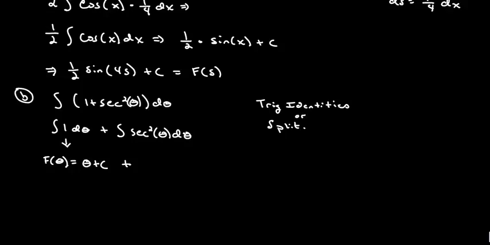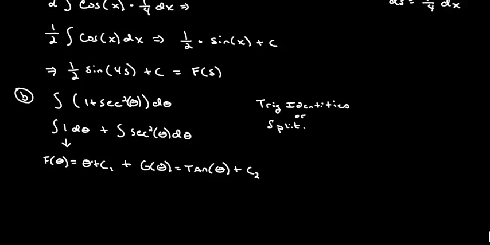Now we need to get the antiderivative of this guy right here. And so what we'll do is look back and say that the derivative of tangent is secant squared, so let me call this guy g. Okay, so if we work in reverse, let's call this guy c1 and this guy c2, so they're different. It's really irrelevant. But I've got these two guys. Now if you differentiate this guy right here, you end up back at secant squared.